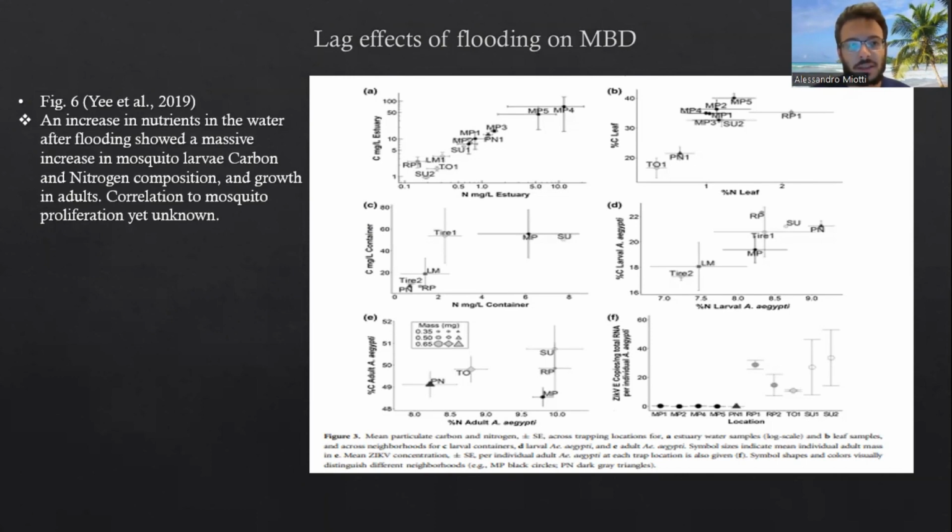So here we can see that there's an increase in nutrients in the water after flooding, which showed a massive increase in mosquito larva carbon and nitrogen composition. And they actually saw a growth in adults in certain areas. So this growth was only prevalent in areas that had an increase in nutrients.